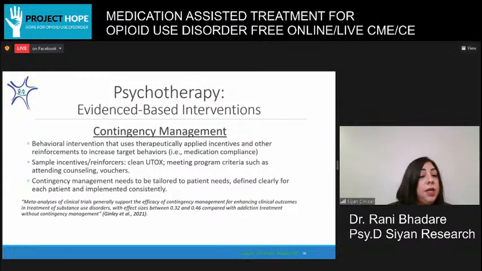Contingency management overall needs to be tailored to patient needs, defined clearly for each patient, and implemented consistently. The efficacy of contingency management has been found in the research and various meta-analyses comparing contingency management with medication to medication alone.